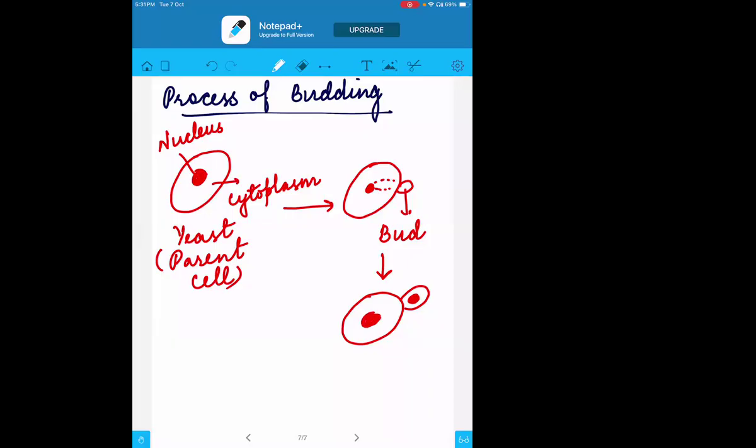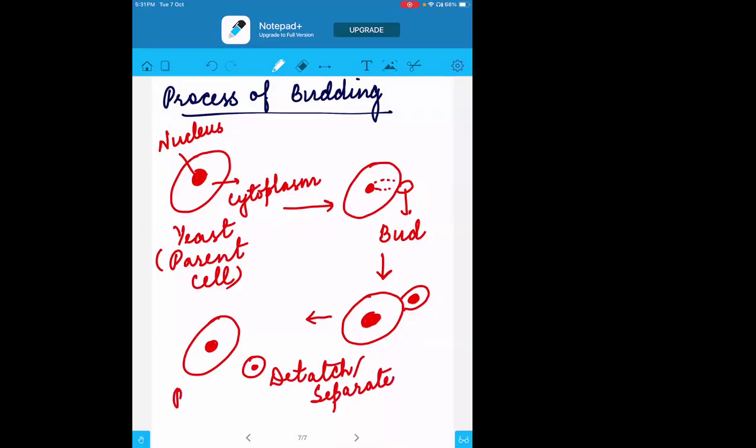Ultimately, after this, the favorable condition will come. Favorable condition means when they get more moist condition. During that time, the bud will get separated from the parent cell.